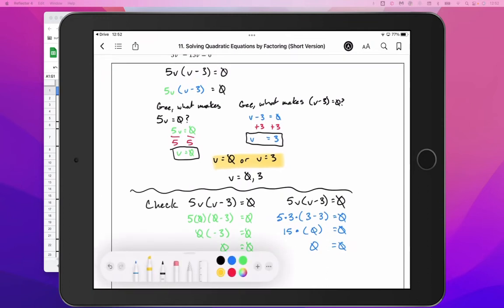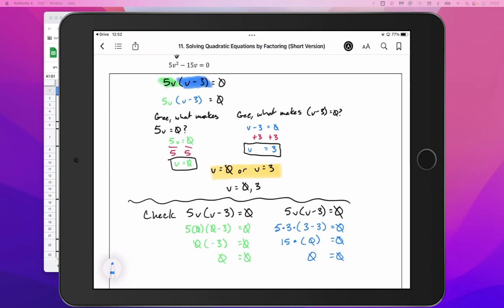Now again, I'm going to highlight the 5v was our green one, and the v minus 3 was our blue one. The way that we got there was we factored the original quadratic into its parts, and we need to recognize that if we can turn the green part into 0, that whole left side will be equal to 0.